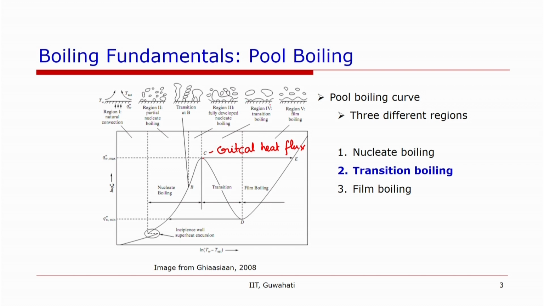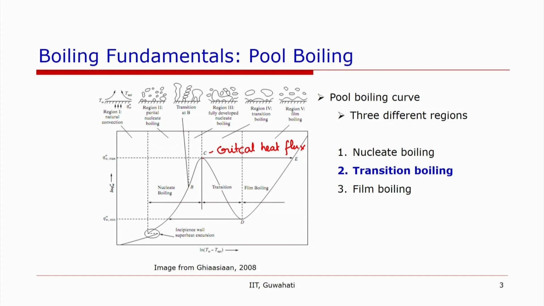So in this case, in the transition boiling, the solid surface is partially covered by the vapor, and then the vapor bubbles keep going up, and some boiling happens, but this is decreased significantly when we compare with the nucleate boiling.